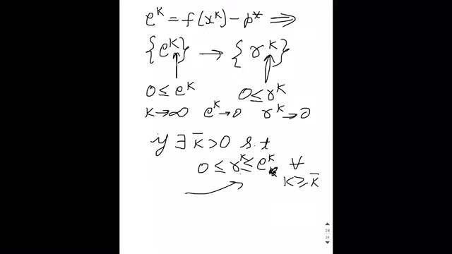If this is true, then the error is greater, so the sequence is converging slowly towards 0. Basically e_k and r_k both converge to 0, but e_k converges slowly. That means f of x_k is converging to p star slowly. So this is slower convergence.